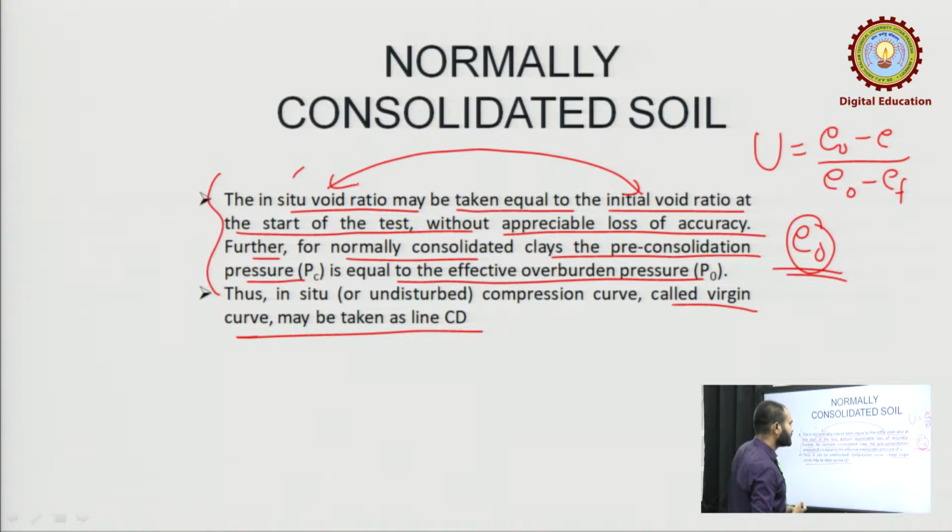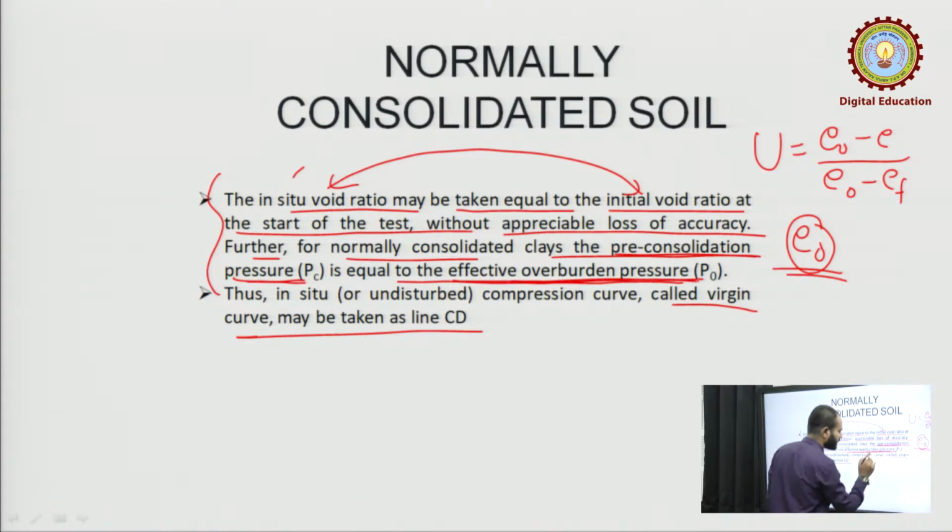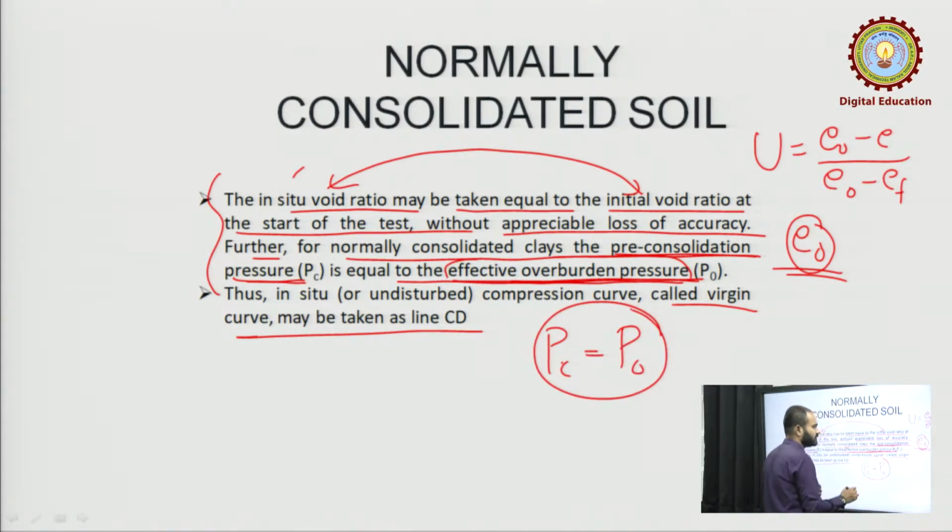Besides, if we do not have the pre-consolidation pressure, then we can take it as the effective overburden pressure. How to calculate this effective overburden pressure, we will learn in the forthcoming chapters. For the time being, you have to remember that if we do not have the pre-consolidation pressure, then we will take it equal to the effective overburden pressure.